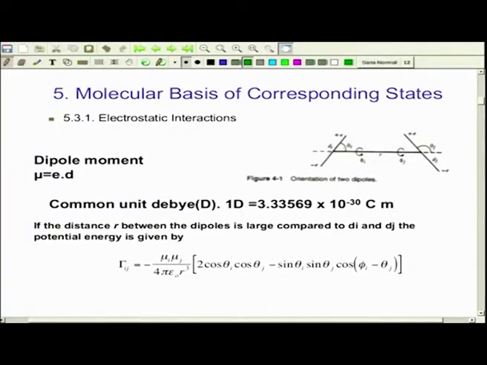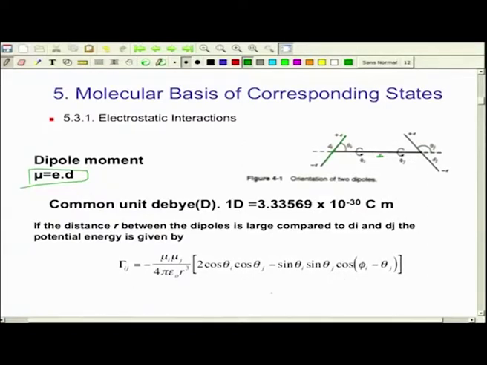So theta is the angle, and r is the distance between the centers of mass of the molecules. Within the molecule the charges are connected by this length, and the dipole moment mu is equal to e multiplied by d, which is from here to here.